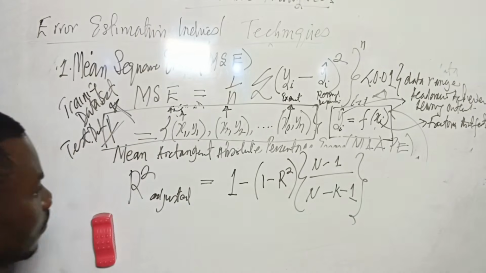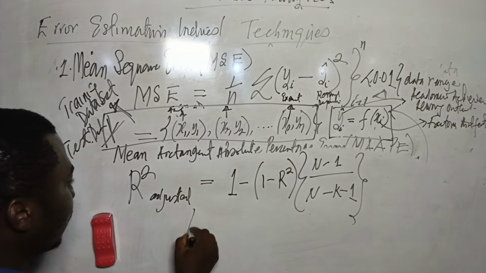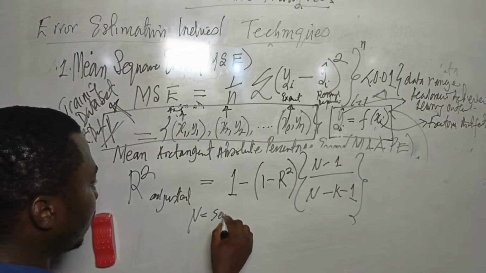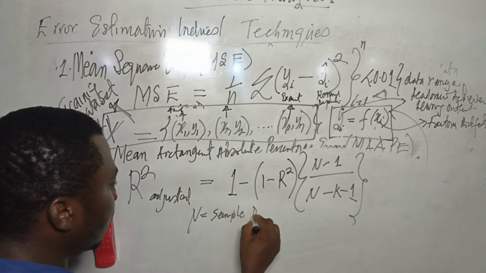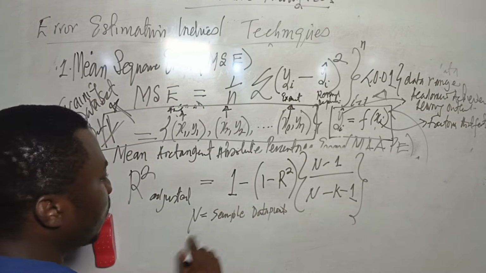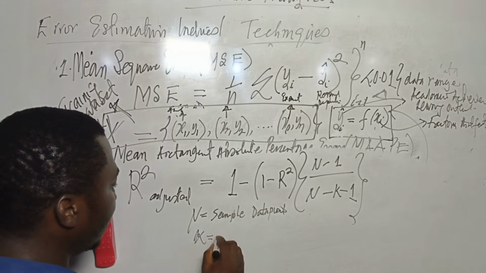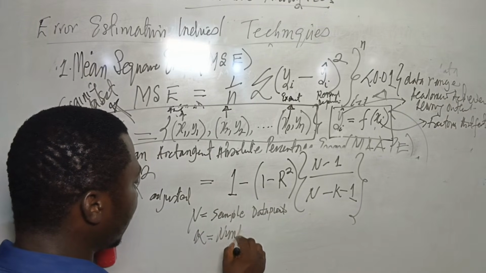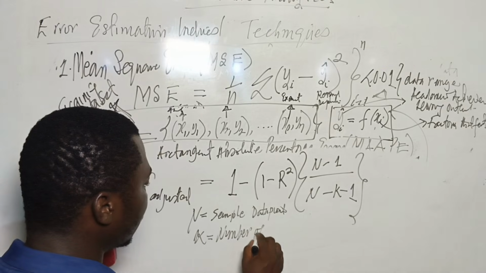Now this n is the sample size, or the sample data points, and then k is the number of the independent variables.